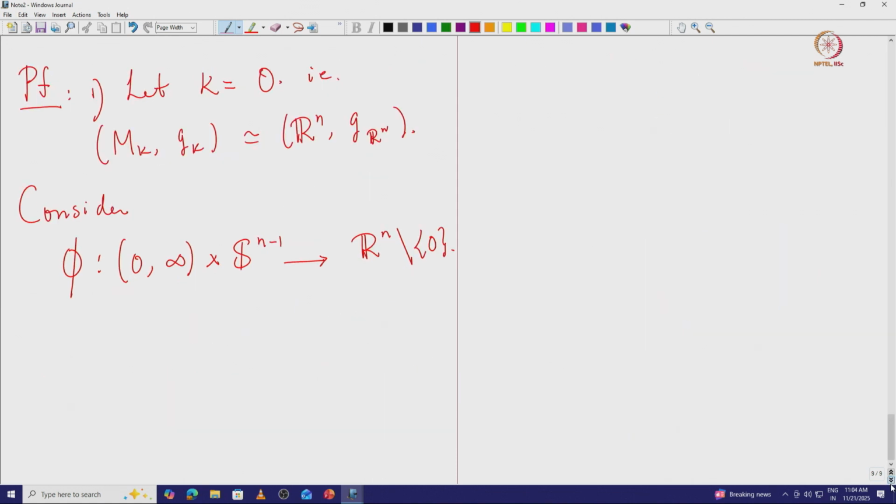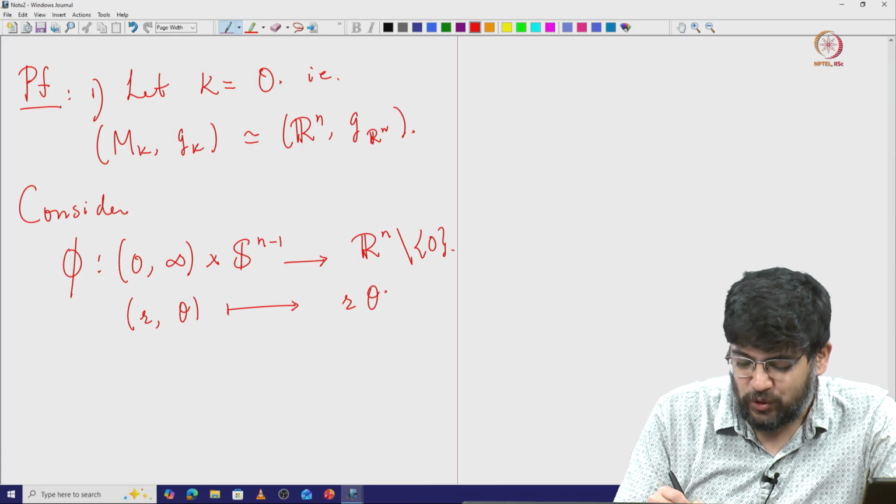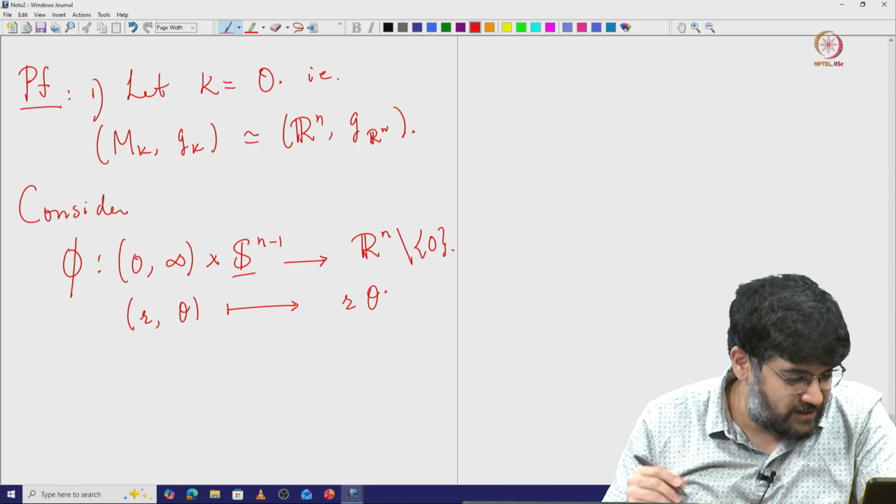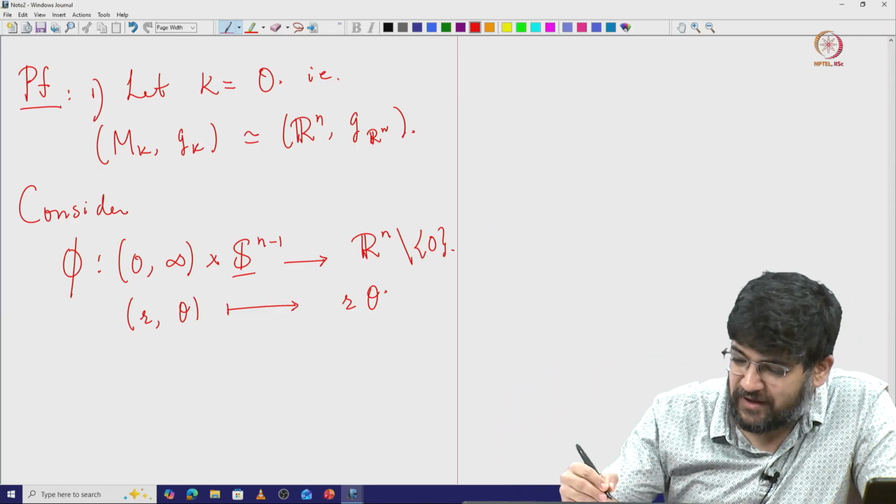Okay. Similarly here the polar coordinates give you a coordinate system on all of Rn except at the origin. Okay, so the map is that r comma theta simply goes to r theta, right. So you have a unit vector here, you just scale that unit vector by this radial coordinate.